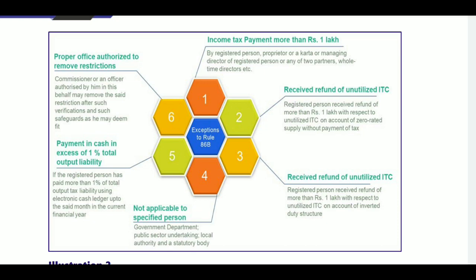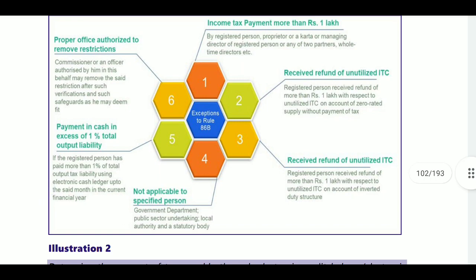So you can utilize any amount, there is no restriction of 1%. Next, receiving refund of unutilized ITC. If a registered person received a refund of more than 1 lakh with respect to unutilized ITC on account of zero rated supply without payment of tax.